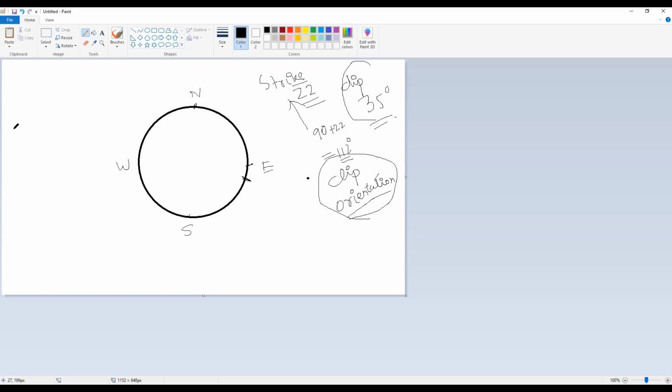Let me draw another picture. Suppose this is a plane. This is a plane, okay?